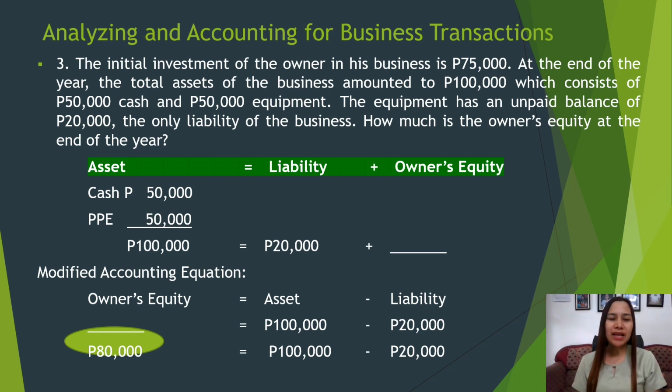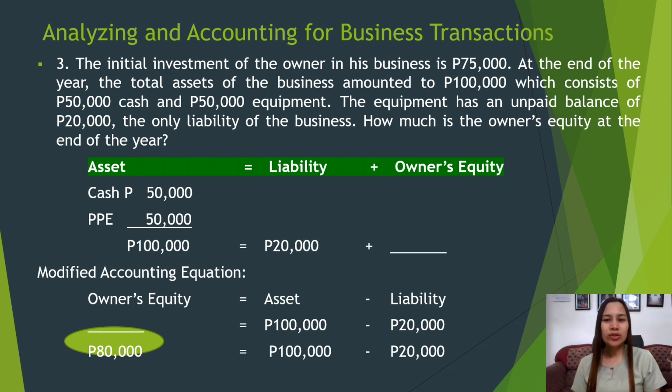Because the ending balances were now given, let us just jot down given amounts in the equation. For asset, we have 50,000 cash and 50,000 equipment. So the total assets amount to 100,000. And then there is an unpaid balance for equipment, the only liability of the business, and that will be recorded under the liability element of the equation, 20,000.